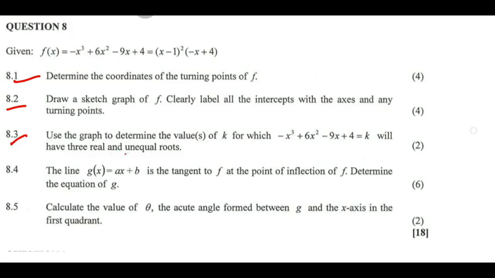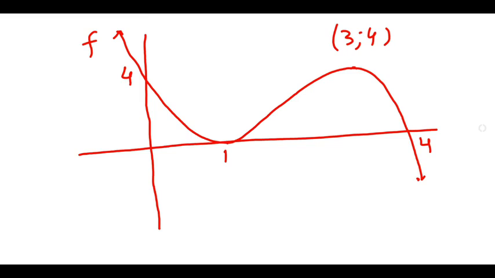8.3. Use the graph to determine the value of k for which f of x is equal to k will have 3 real and unequal roots. Now we need to use the graph to determine the value of k for this vertical shift question. We will have 3 x-intercepts.